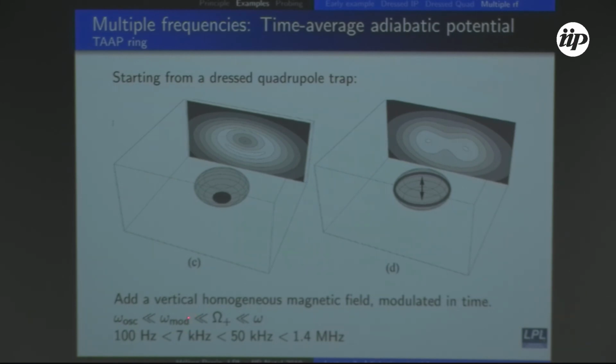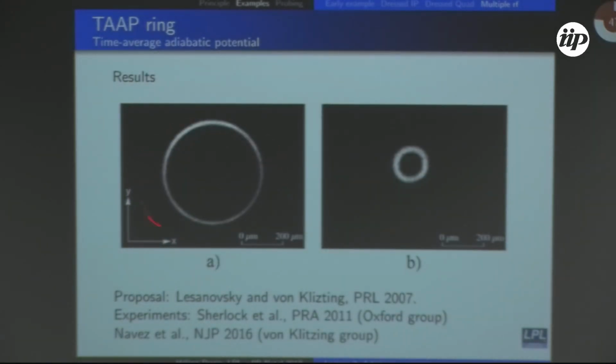And the condition is that you shake slowly compared to the dressing field amplitude. And the oscillation frequency you should have in your ring should be smaller than the modulation frequency for the atoms to see an average potential. So it is possible to find frequencies which satisfy all these inequalities. It has been demonstrated again in the group of Chris Foote with a very large ring here, 200 micrometers, very smooth.